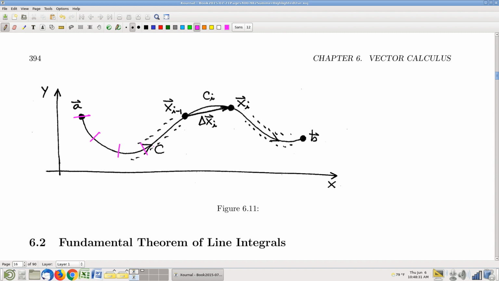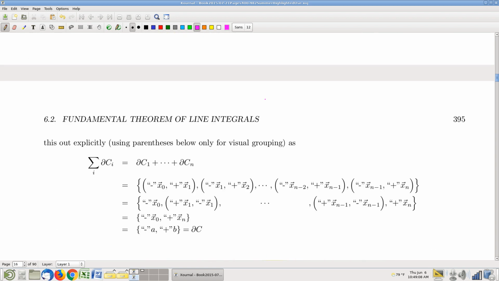So I'm going to call A x0, and then I'm going to call this point here x1, and that point x2, etc., etc., etc. Notice on this piece here, on my ith piece of curve, I have x_{i-1} as the starting endpoint, and the x_i is my ending endpoint. And notice that, let's see, I think I have this written down. Yeah, here it is.